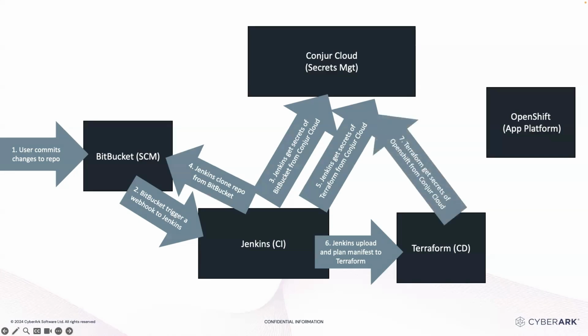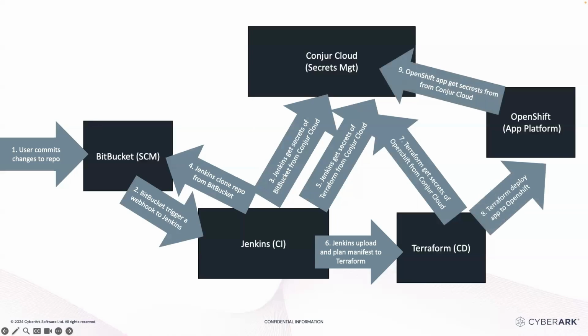Then Terraform will grab the OpenShift credentials from CyberArk Conjur. And using the same set of credentials, Terraform will connect to the OpenShift platform and deploy the application. Once the application is deployed, it is going to fetch the sample credentials from CyberArk Conjur Cloud.